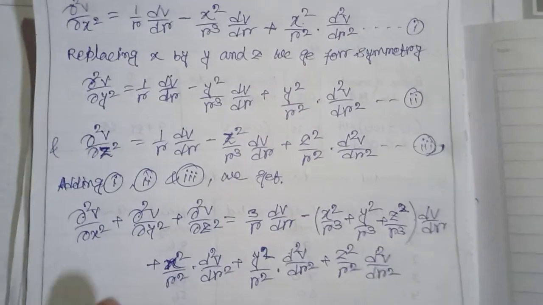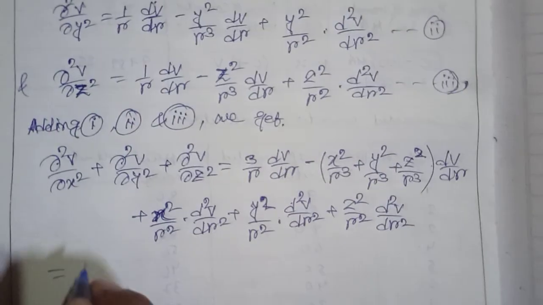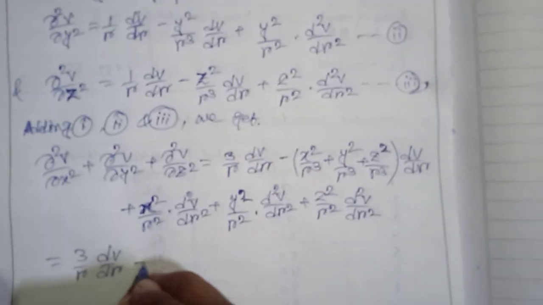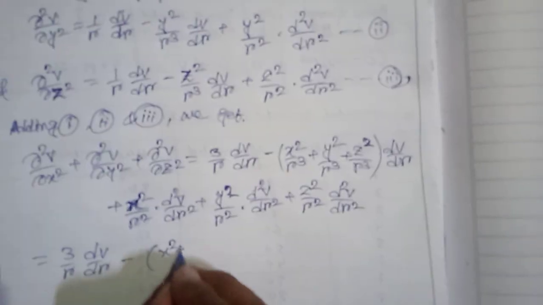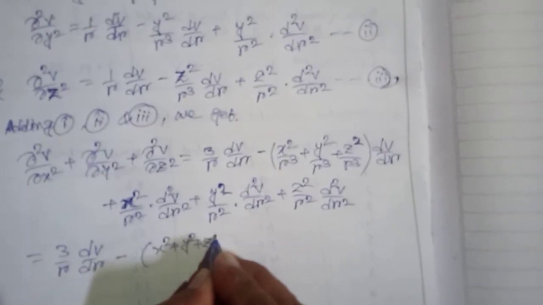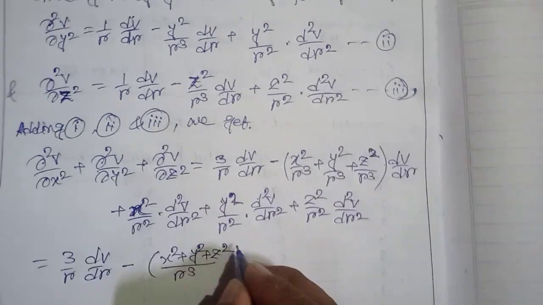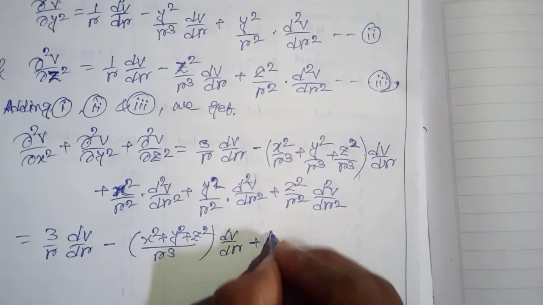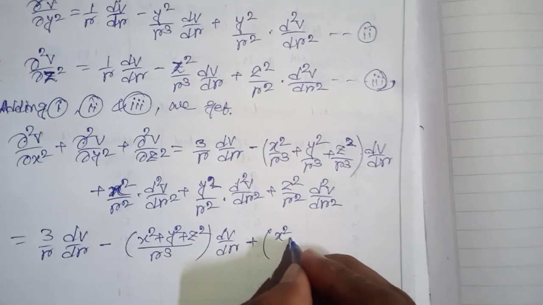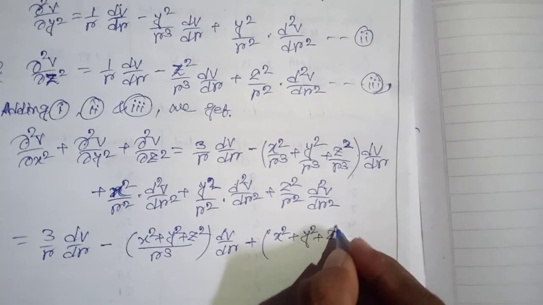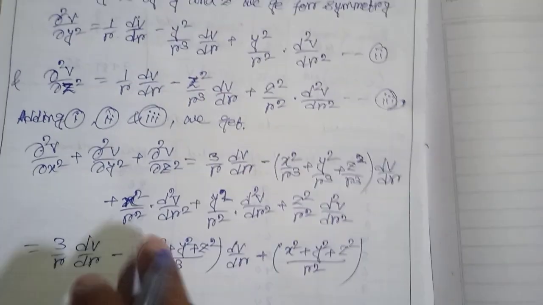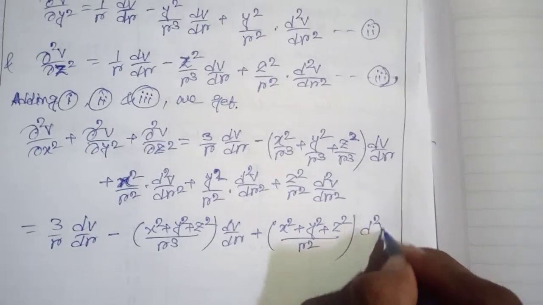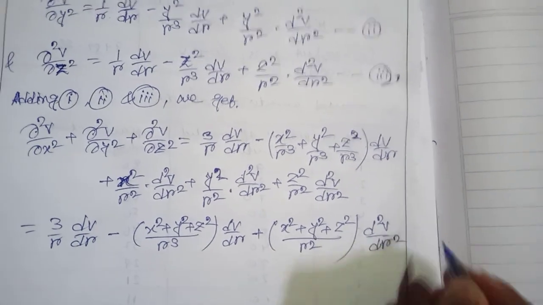So this is equal to 3 by r dV/dr minus x² plus y² plus z² divided by r³ dV/dr, plus x² plus y² plus z² divided by r². Taking the LCM of r², we get d²V/dr².